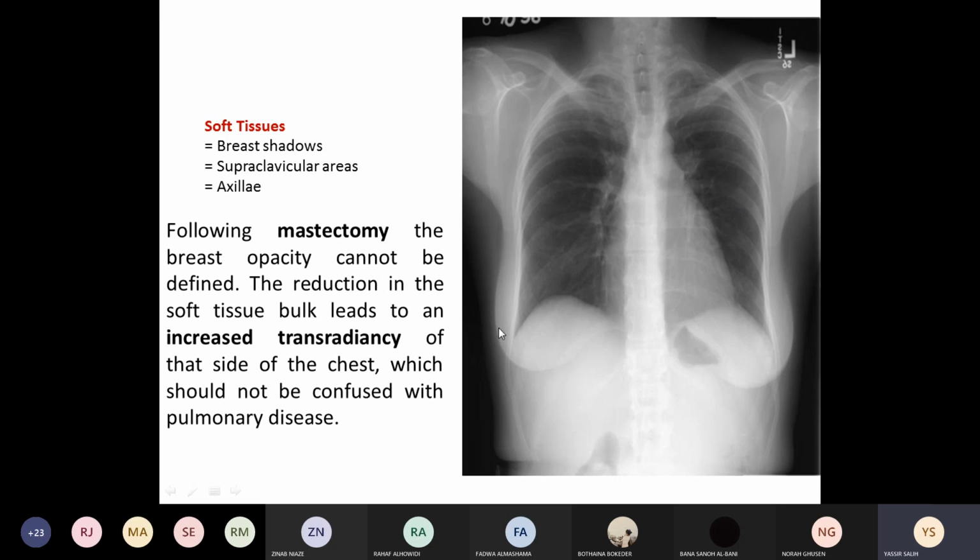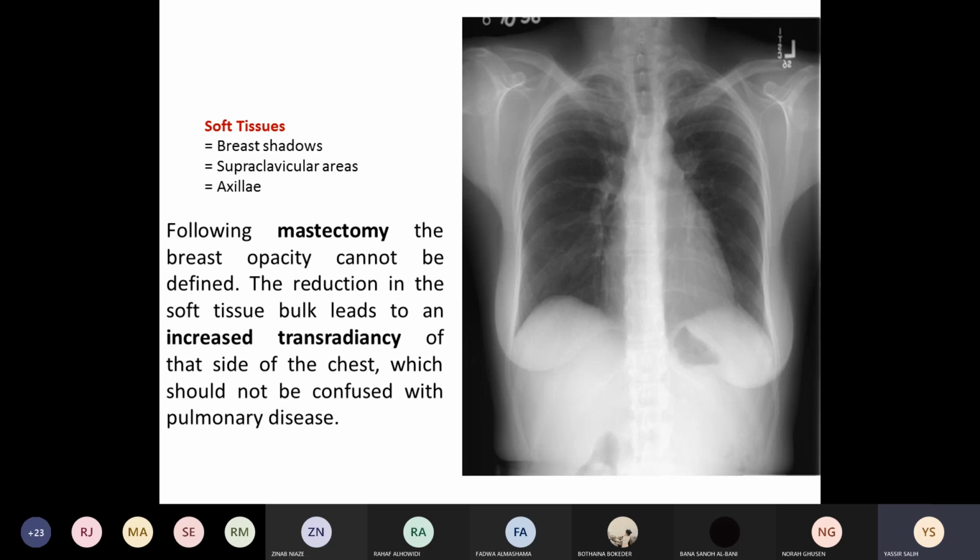This is the shadow of the breast. Notice that the breast is soft tissue density, which is gray. So if the patient underwent mastectomy, meaning surgical removal of the breast, how will the site of the mastectomy appear?